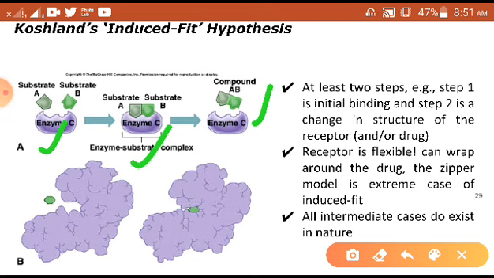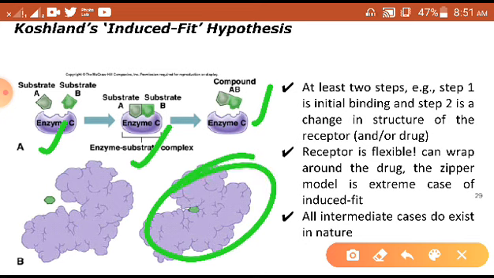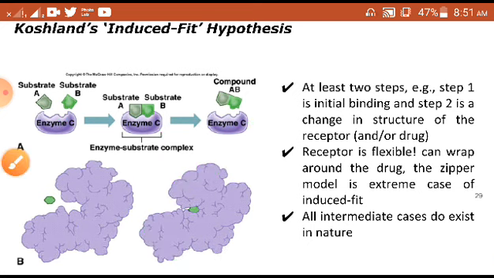So the receptor and the drug will fit like this. But what they have said is an extreme case of the induced fit, though the concept is similar. If you see here, this way a drug fits into the groove. All intermediate cases do exist in nature. So I hope you understood the induced fit hypothesis.